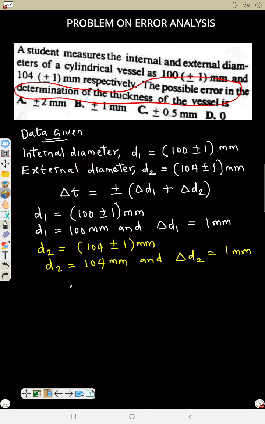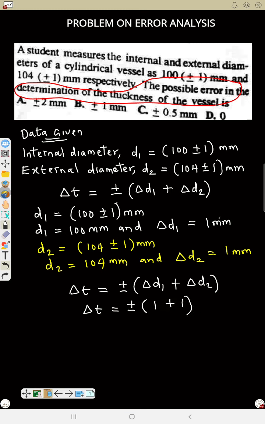So what we want here is absolute error in thickness. That's what they call the possible error in the thickness. That is the T, which is equal to plus or minus absolute error in D1 plus absolute error in D2. So that is plus or minus 1 plus 1, as we have it here already.